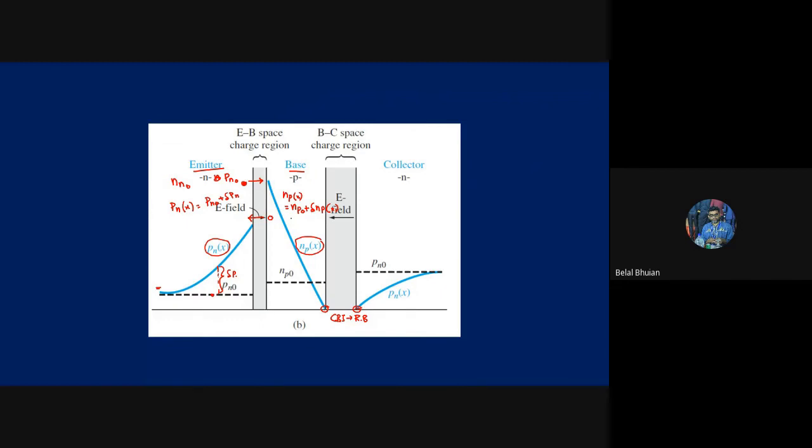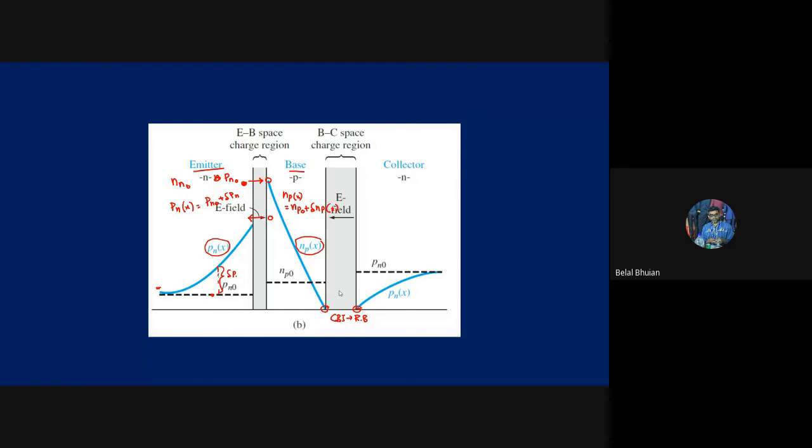Which means in the base side, on the left-hand side, we have high concentration of total minority carrier, and on the collector side it is zero. So that is the profile for the carriers in an NPN BJT when it is in active region.